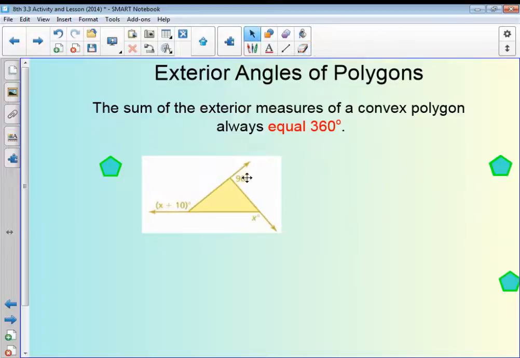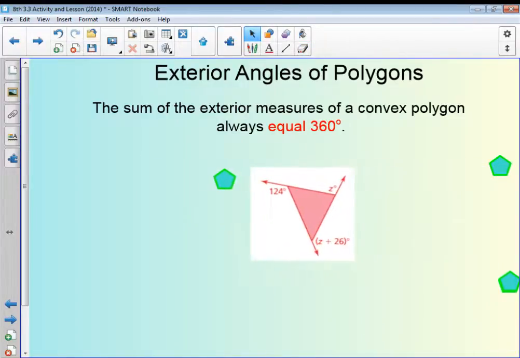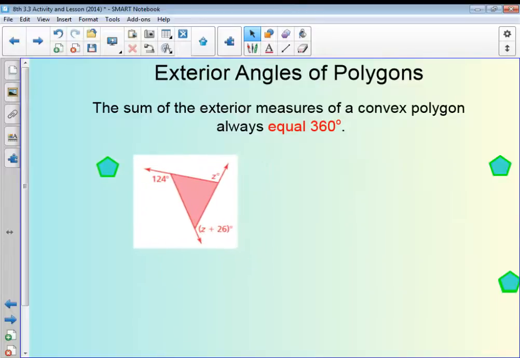Remembering polygons exterior equals 360. Okay, so once again, we have another triangle. Doesn't matter that it's a triangle, it's still a polygon, and we are working exterior. So as soon as we do something exterior, it's now 360 degrees. So what do I see in that figure?